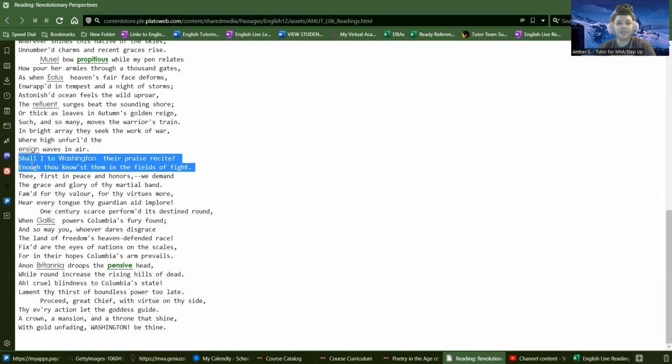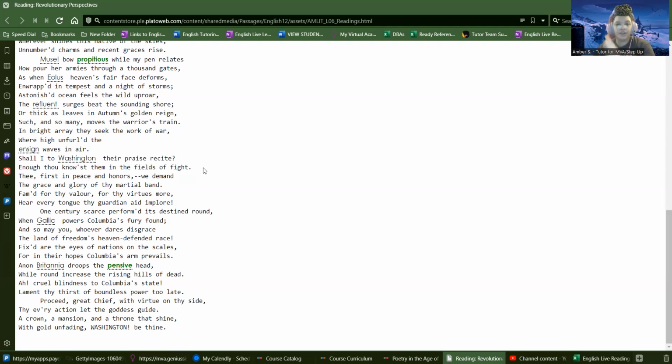So it says here, shall I their praise recite, should she praise Washington and his armies, should I praise the army's actions to Washington? But enough, thou knowst them in the fields of fight.